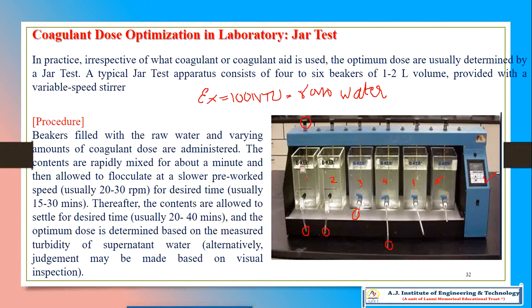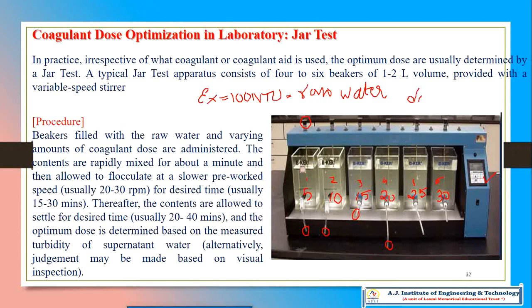Now you add the dosage, because we don't know how much dosage we have to add. So we cannot say exactly, just say here 5 milligram per liter dosage, here 10 milligram per liter, for this beaker 15 milligram, in this beaker 20 milligram, this beaker 25 milligram, and this is 30 milligram per liter. The dosage should always be in milligram per liter.